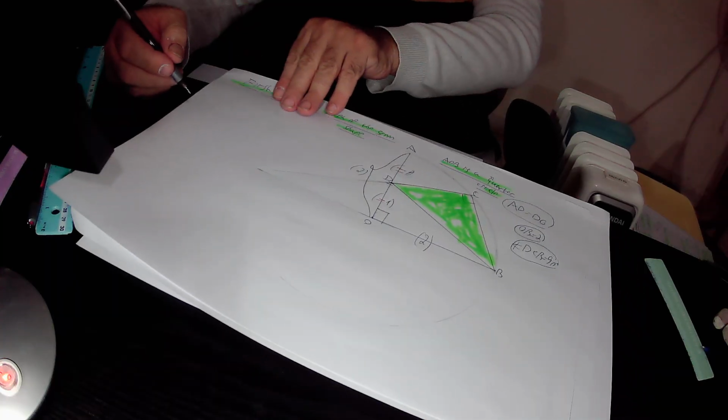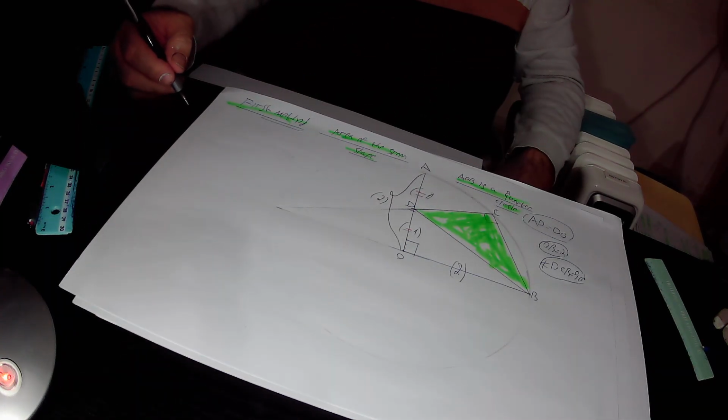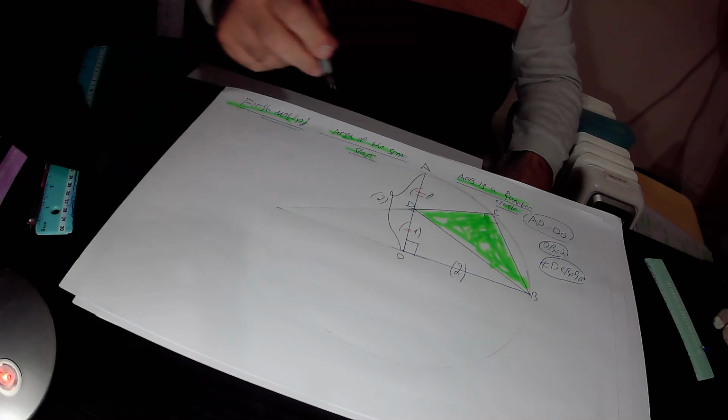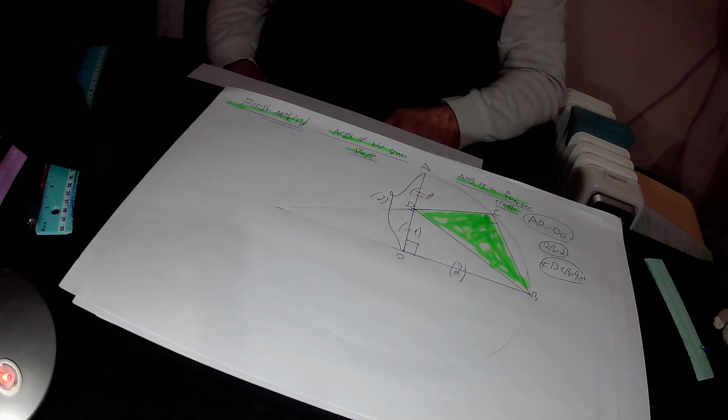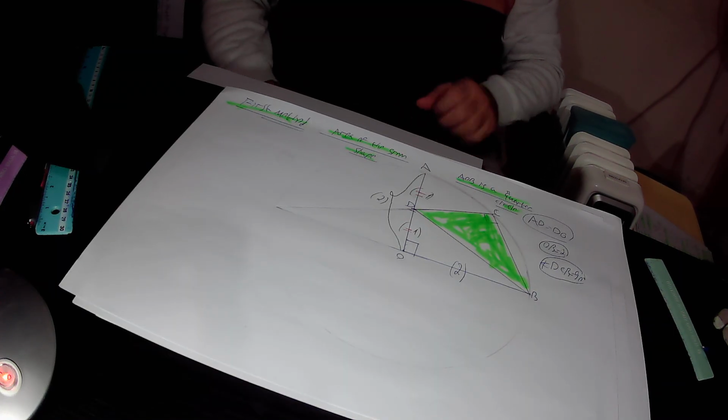In the next step, we will apply the Pythagoras theorem on this right triangle DOB. According to the Pythagoras theorem, in a right triangle, the square of the hypotenuse equals the sum of the squares of the perpendicular sides.